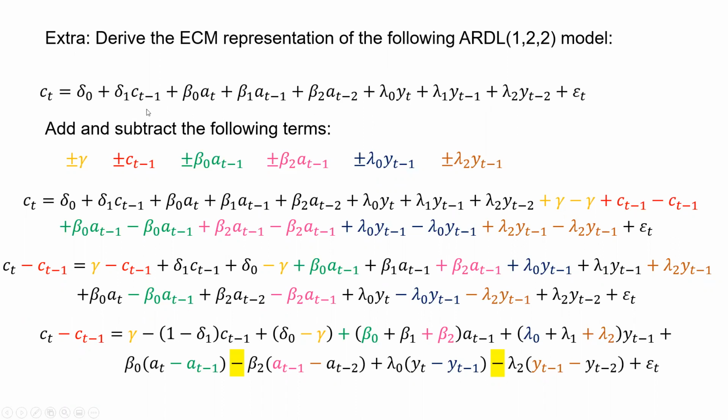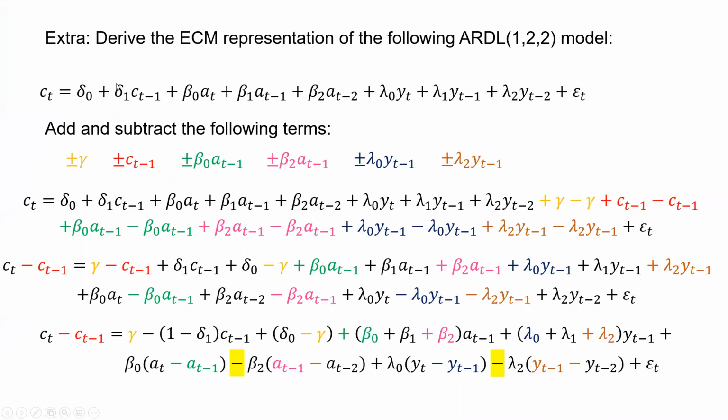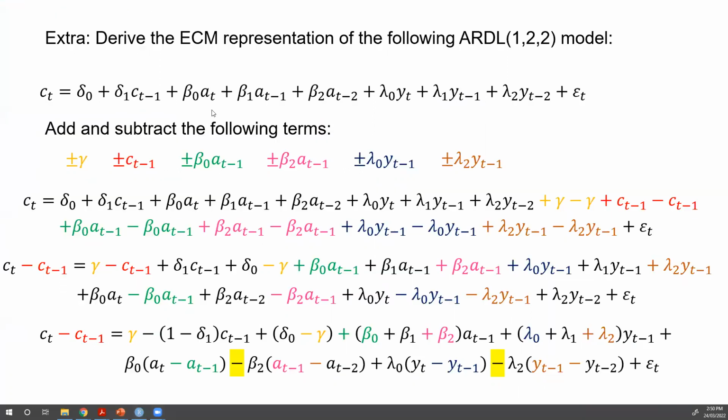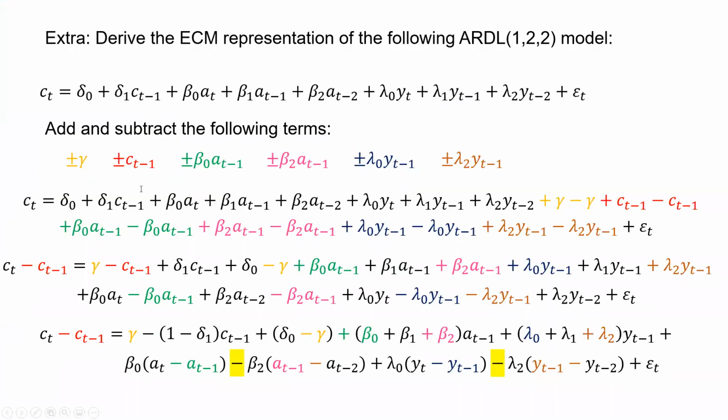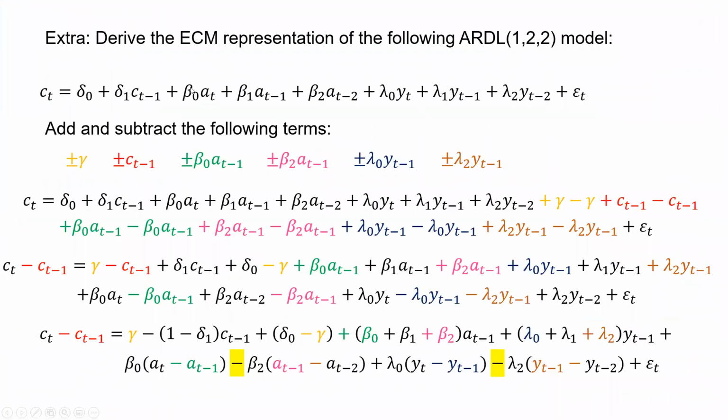So the output, let me jump actually from the output here. So this intercept will be capturing this delta 0, this lag of CT, first lag of CT. So that will be delta 1 in this case. AT, that would be beta 0.